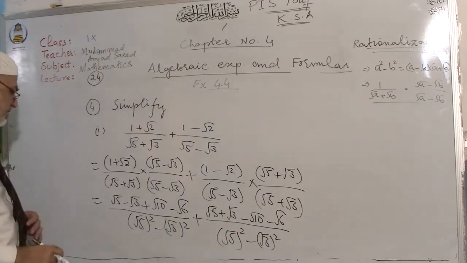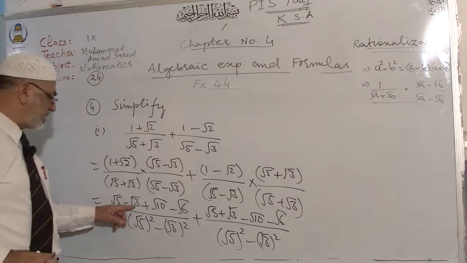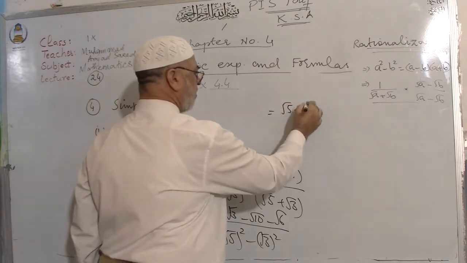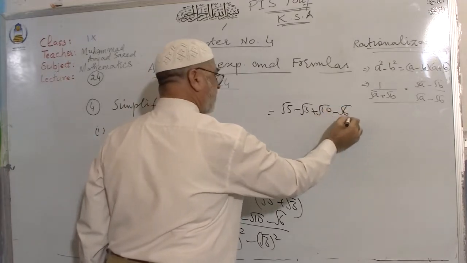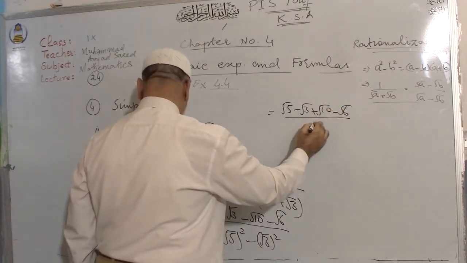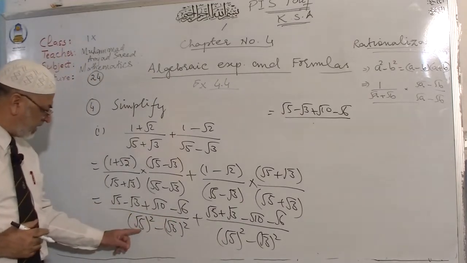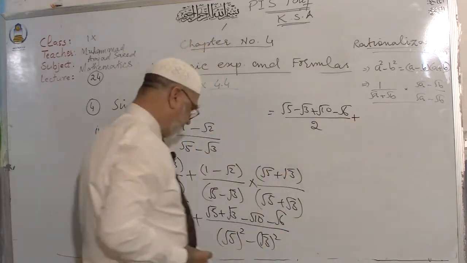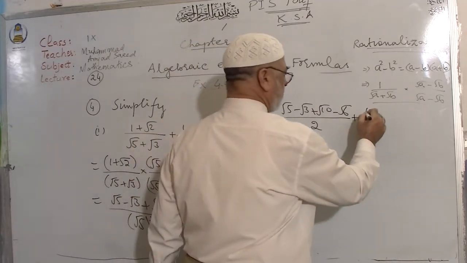After that, here is 5 under root minus 3 under root plus 10 under root minus 6 under root divided by 2, and square root cancelled out, 2 and square root cancelled out, 5 minus 3, that will be equal to 2. And after that, there is 5 under root plus 3 under root.